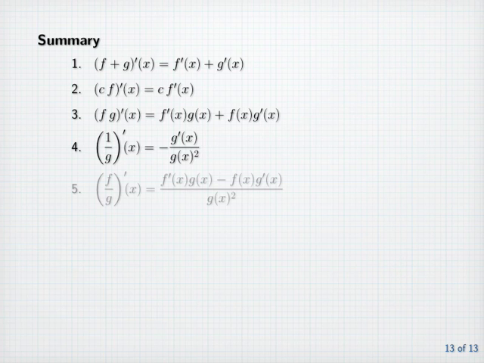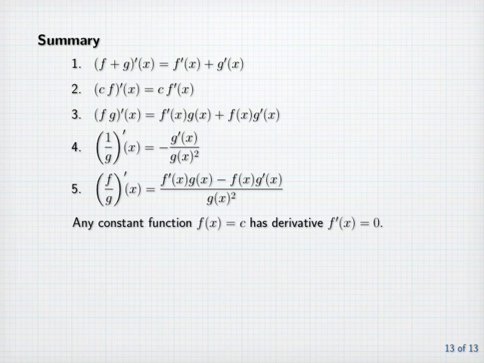The quotient rule. The derivative of f divided by g is f prime times g minus f times g prime divided by g squared. The derivative of the numerator times the denominator minus the numerator times the derivative of the denominator, all over the denominator squared. Also, any constant function, f of x equals c, has derivative 0.